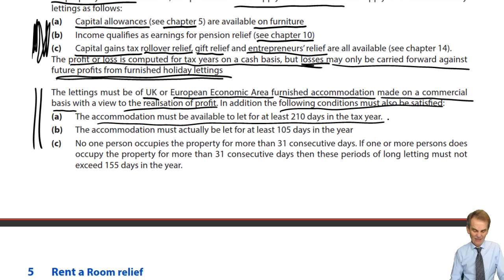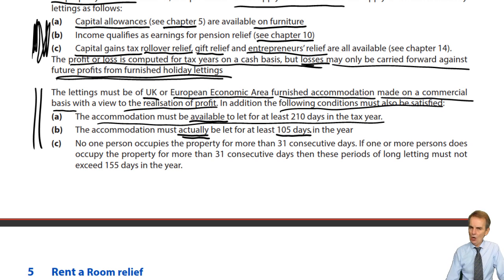So that therefore means it can't be just your holiday home that you decide to let out for a few weeks a year. It's got to be available to let for at least 210 days. The accommodation then must actually be let for at least half of that, 105 days. So there are the first 2 conditions.